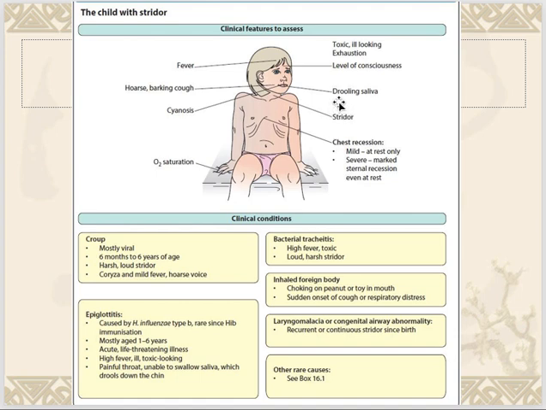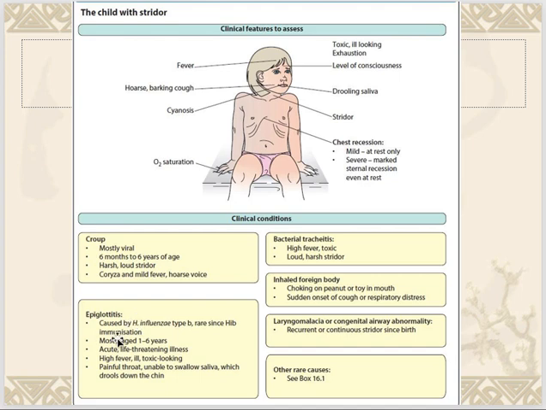Put them in the hospital and just give them dexamethasone per oral, one dose. And if you think there is too much upper airway compromise, give them epinephrine in nebulized form. In very severe cases of course you can intubate them, but that is seldom needed. So this is about croup.